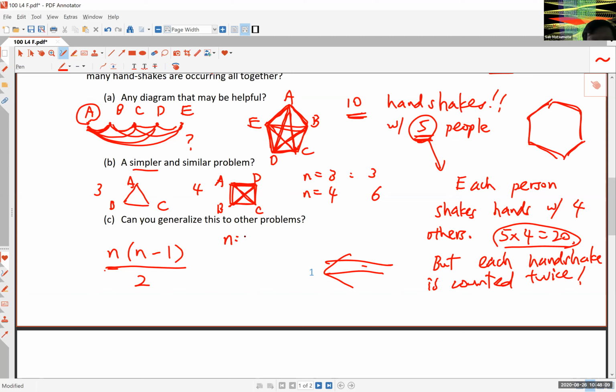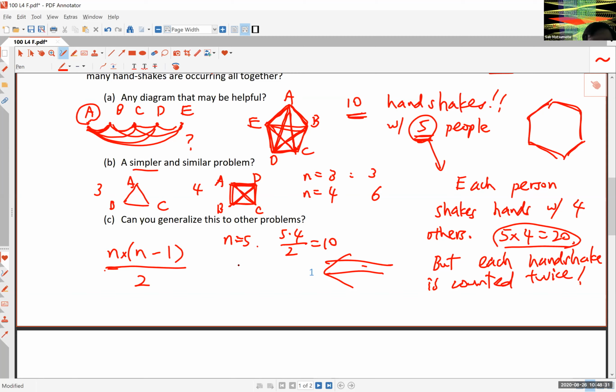Let's go ahead and write this down. If n is 5, if you have 5 people, then 5 times 4, by the way, this is a multiplication operation here. It's n times n-1, and then divide by 2 is 10. That is the right answer according to my diagram.